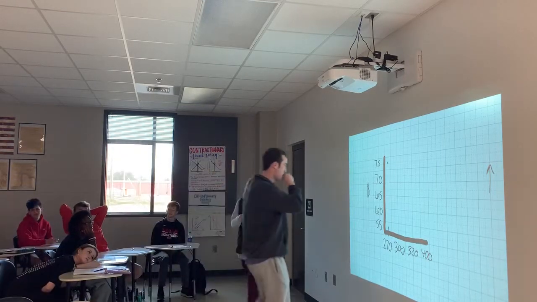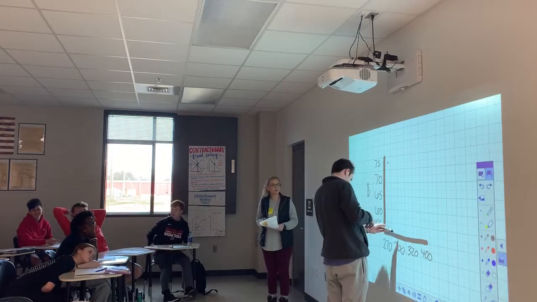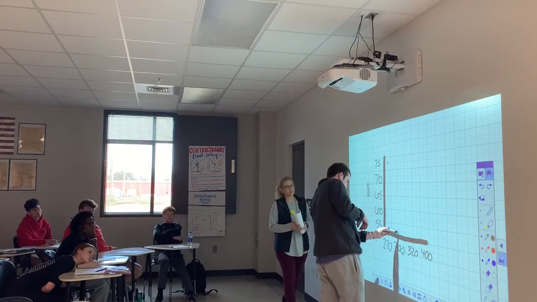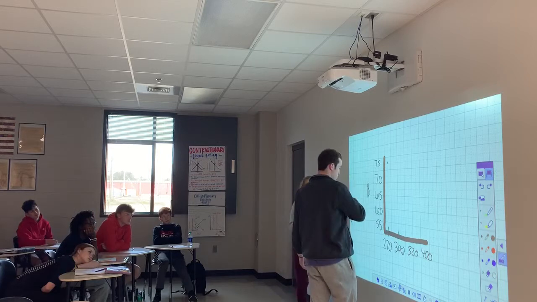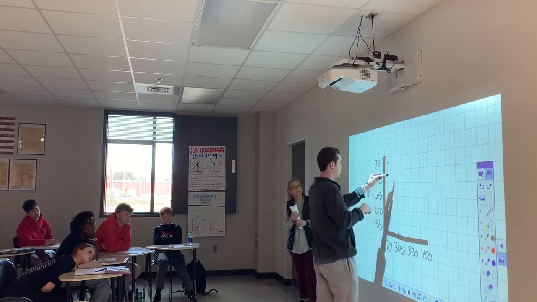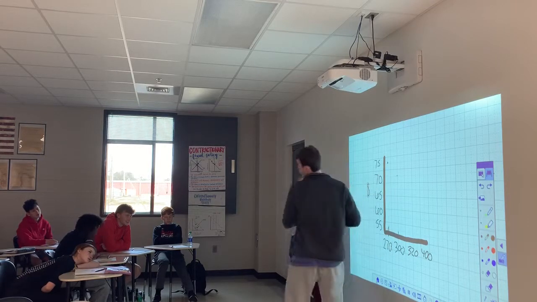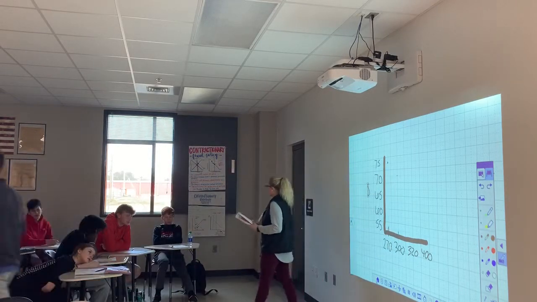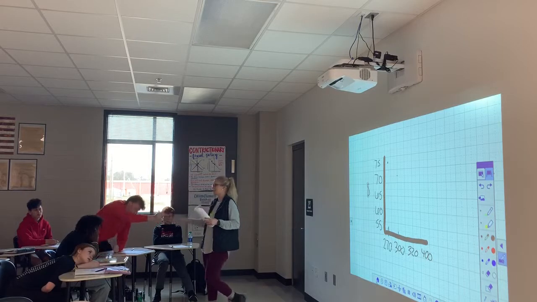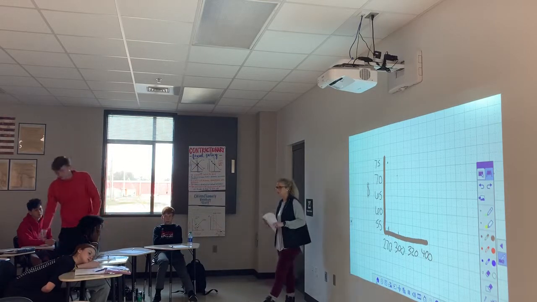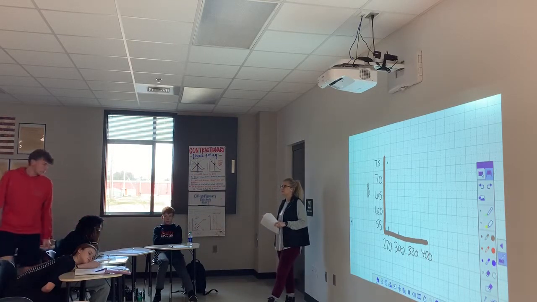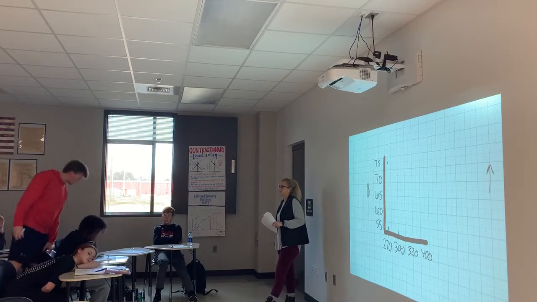All right, so at 70 cents, how many oranges a week are we going to sell? You remember? 300. Yep. So where would our point go? Good job. You got next. So at 65 cents, how many oranges a week? Remember? 320.